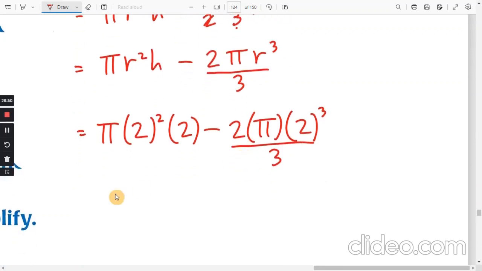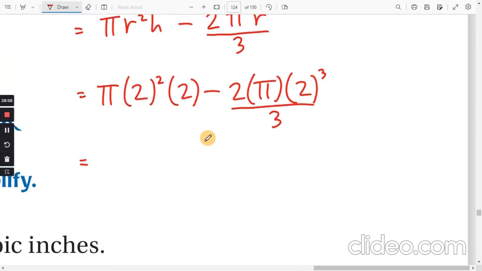All right. Now, if you wanted to keep it in terms of pi, it's a little bit tricky. I'll just show it to you just so you know. 2 times 2 is 4, times 2 is 8, so this is 8 pi. Minus 2 to the third is 8, times 2 is 16, so in the numerator it's 16 pi, then divided by 3.